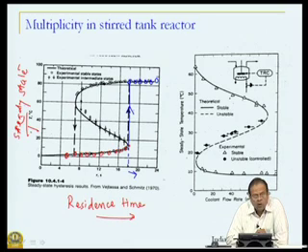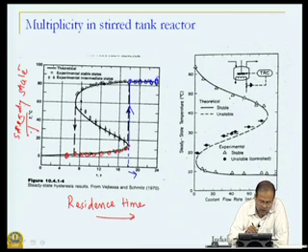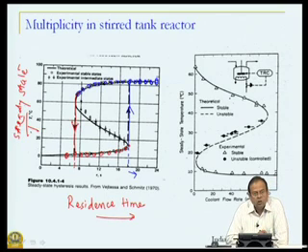Let us repeat this process, but now in the reverse direction. That is, we have longer residence time, a lot of reaction taking place, so temperatures are fairly high, and we now go on reducing the residence time, and temperatures progressively decrease. But once again there comes a point where if we reduce our residence time below this particular value, temperatures suddenly go down.